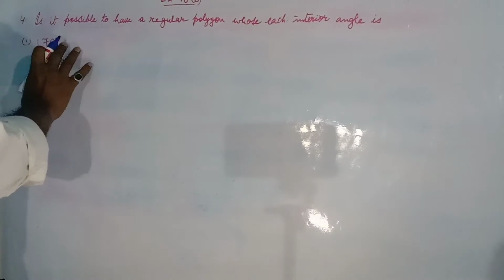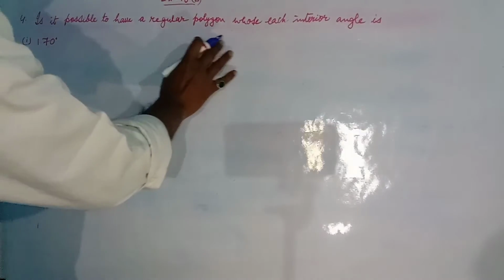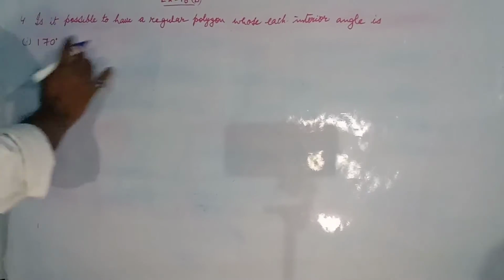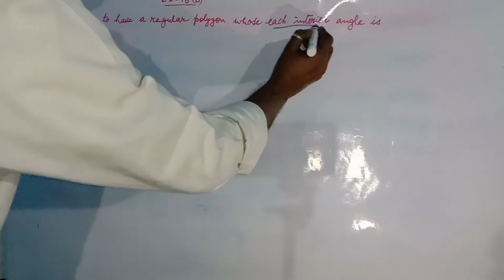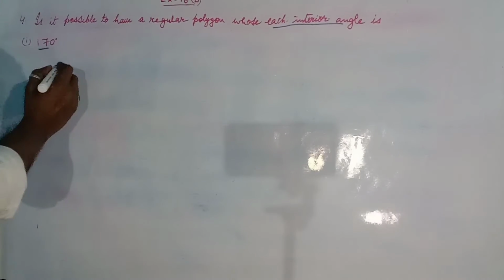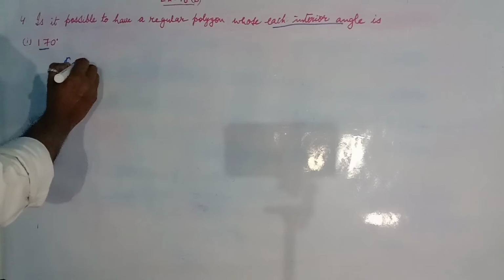Here it is given, is it possible to have a regular polygon whose each interior angle is 170 degrees? Now we have each interior angle given as 170 degrees. Once again we will find each interior angle.